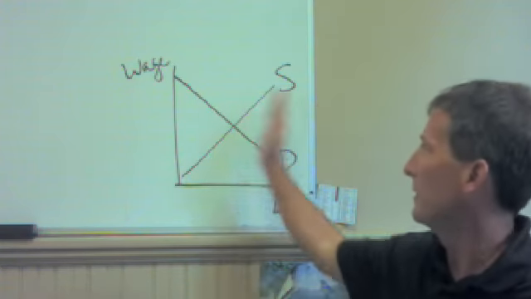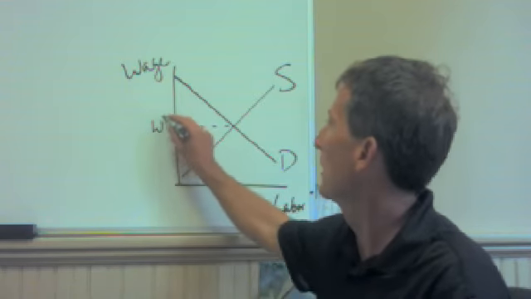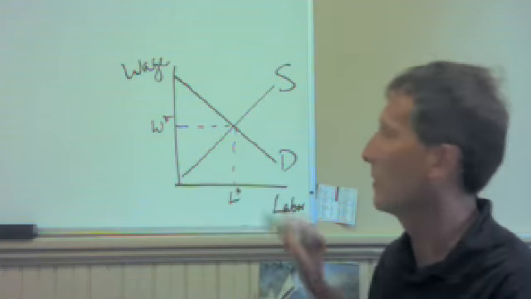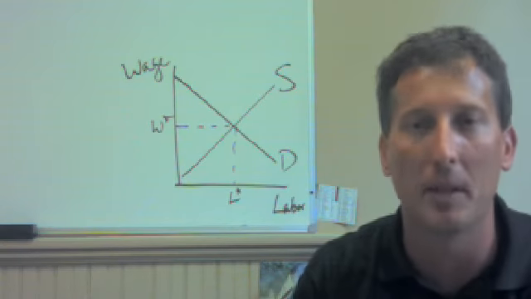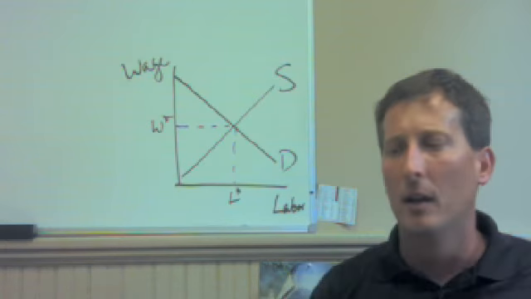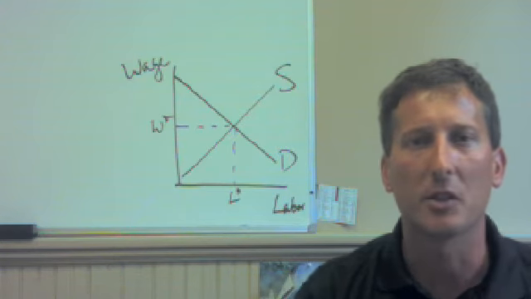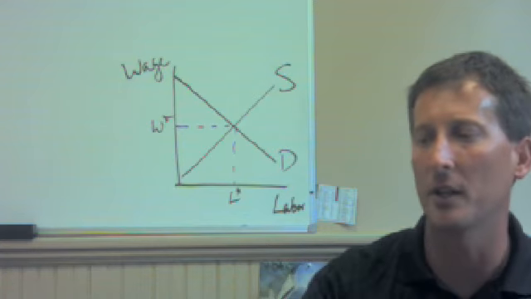And then we get into the interaction of the two to give us the equilibrium wage and certain number of hours being worked. Okay, so then we're back to our basic chapter 3 supply and demand framework again. So you'll look at things that cause the supply curve to shift, things that cause the demand curve to shift.